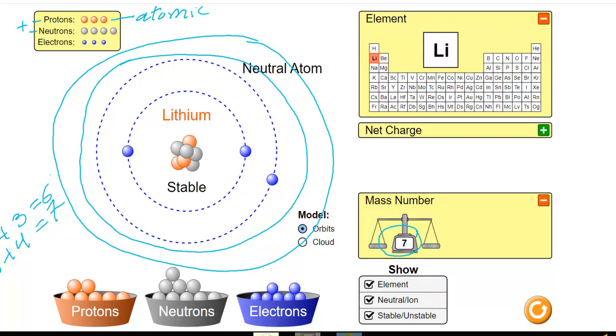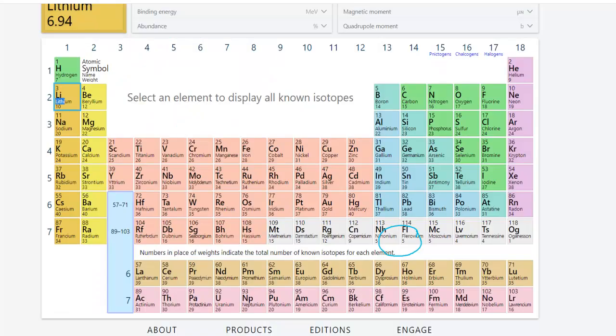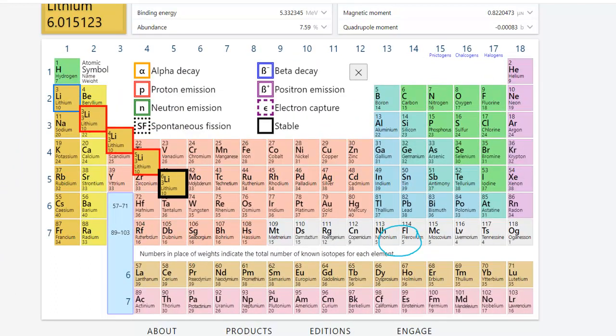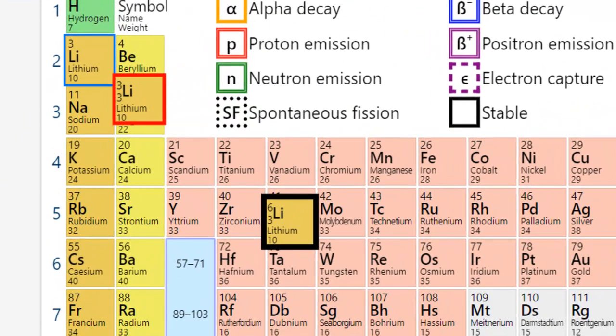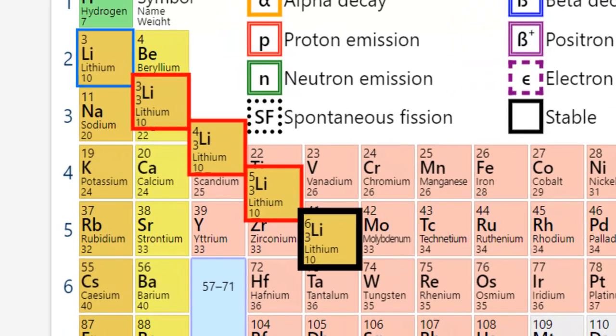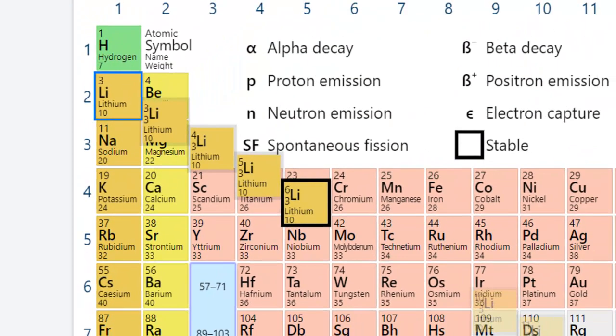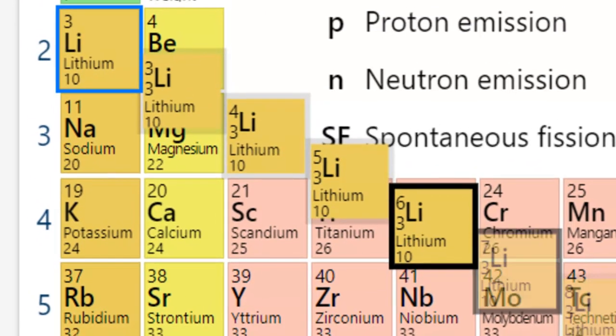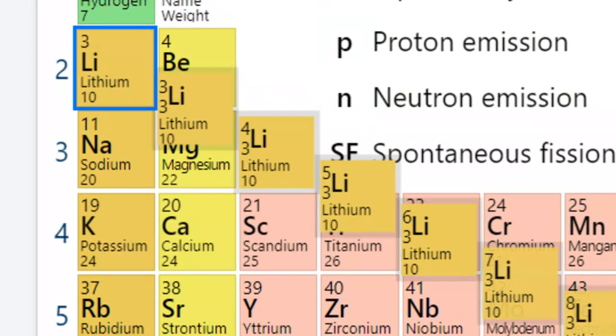The differences between the different isotopes are the different numbers of neutrons. There are more isotopes for lithium than 3. So there is lithium 3, lithium 4, lithium 5, and lithium 6. And the differences between them are the numbers of neutrons in the atom.